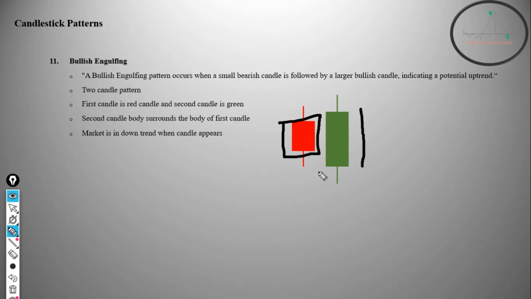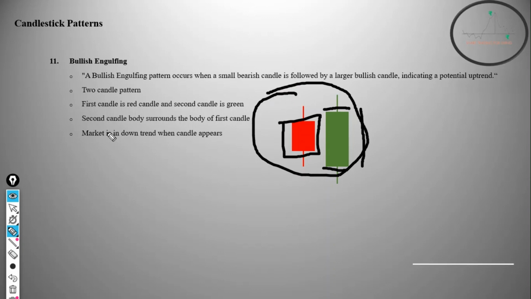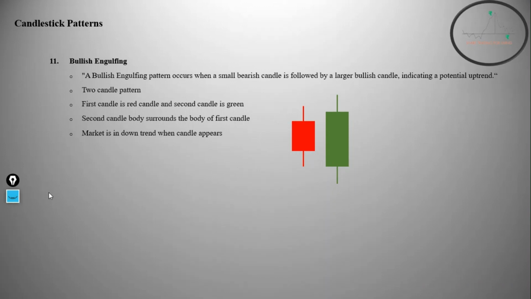It opened at a lower price and closed higher than the previous candle. Again, this is a pattern of two candles, and the market has to be in a downtrend. Only then is this the right pattern to identify the trend reversal.